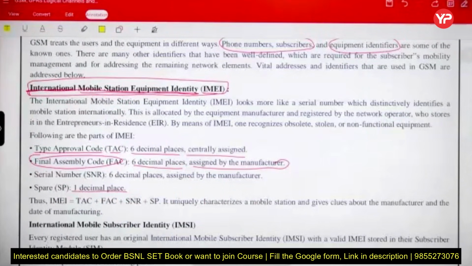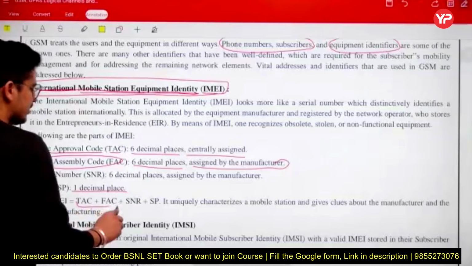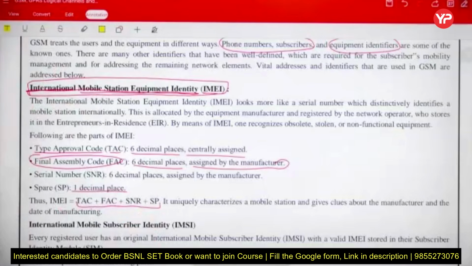So the total IMEI number is combined from these 4 things: TAC, FAC, SNR and SP, right? And this is a unique code which is given to your mobile phone. It will give you a clue about your mobile phone manufacturer and the date of manufacturing, on which date your phone was manufactured.